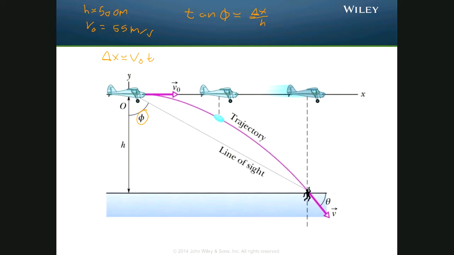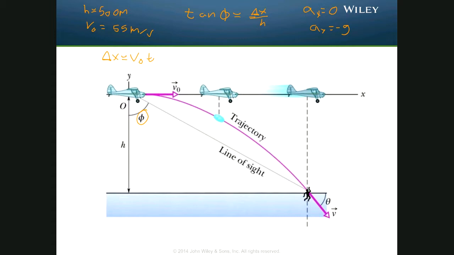So if that's true, we can write down that ax equals 0, and so we'll be done with this term for delta x, and we know that ay will be equal to minus g. We can always assume those things, and they won't always be explicitly given. So you have to understand the context of the problem you're solving. And because we know that, we can move forward. Even though we don't have t, we'll be able to use our y equation to do that, which I'll do in just a second.